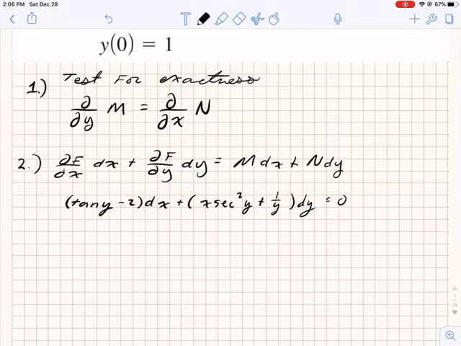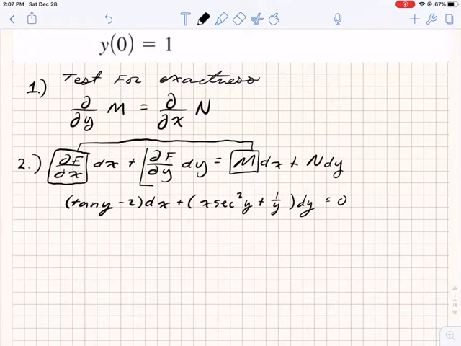So looking up, if the partial derivative of f with respect to x is m, then the partial derivative of f with respect to y is n. So this must mean that this is m and this is n.